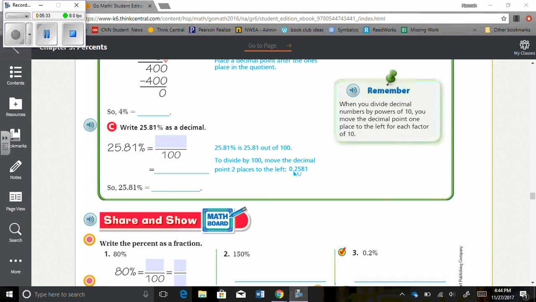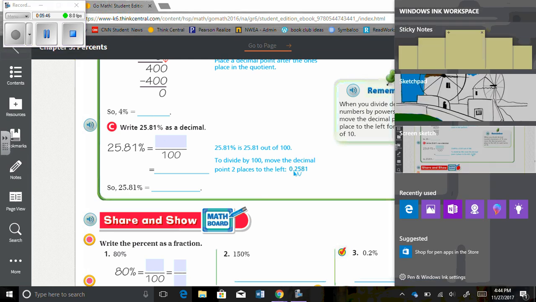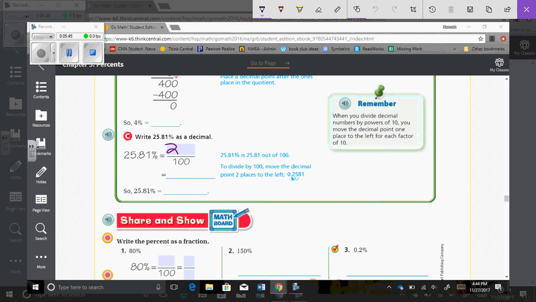And lastly, part C, write 25 and 81/100% as a decimal. So 25 and 81/100% is 25 and 81 hundredths out of 100.